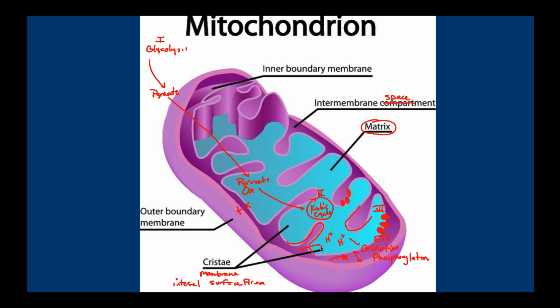And then that's going to create what's called a high energy potential, and those hydrogen protons will want to diffuse back to the matrix. And when they come back to the matrix, that's going to drive oxidative phosphorylation, where we're going to produce ATP.